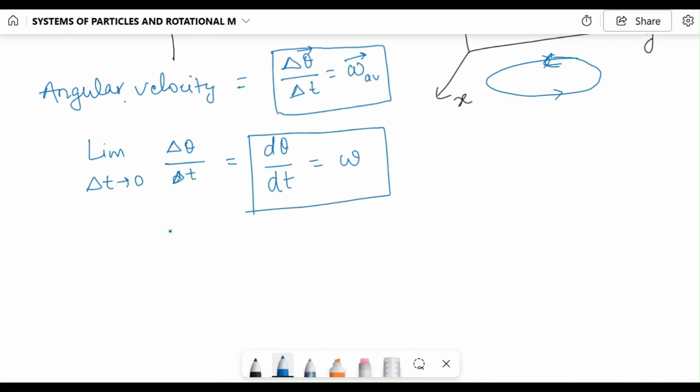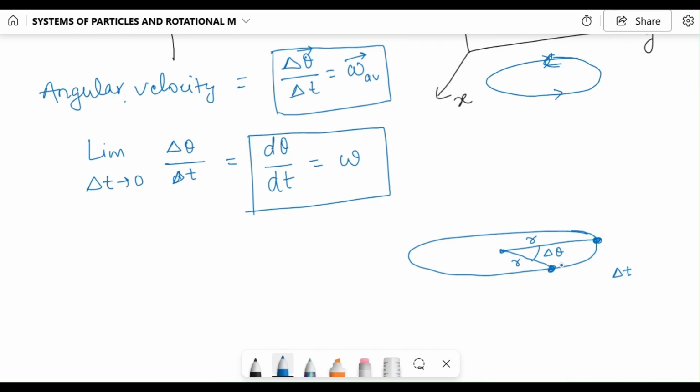Now, we want to know what the relation is between this angular velocity and linear velocity. So let me draw it again here. There is a motion on a circular path, and let's say this is the center, and this is the radius r, and this is the angular displacement delta theta, and this is the time taken.